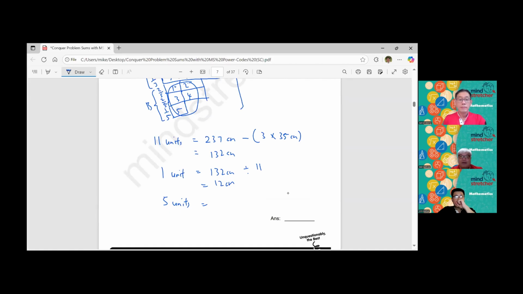That means we have 12 centimeter times 5. That will give you 60 centimeter. So for those who gave the answer 60 centimeter just now, very good, well done, you got it correct. And for those who didn't get 60 centimeter, do you manage to understand how we get the answer now?